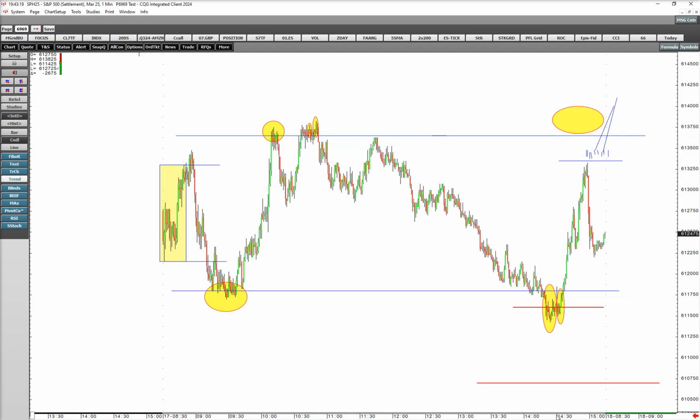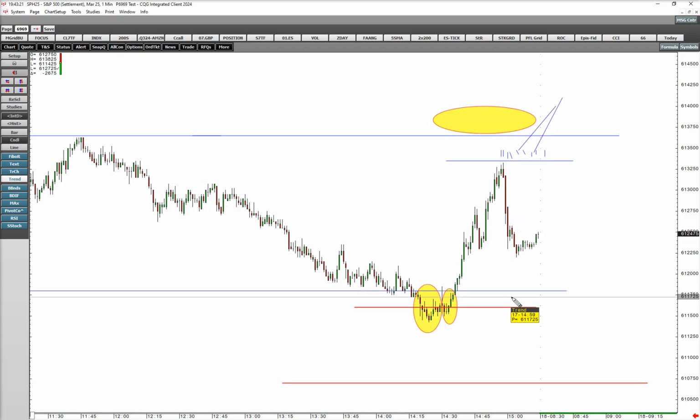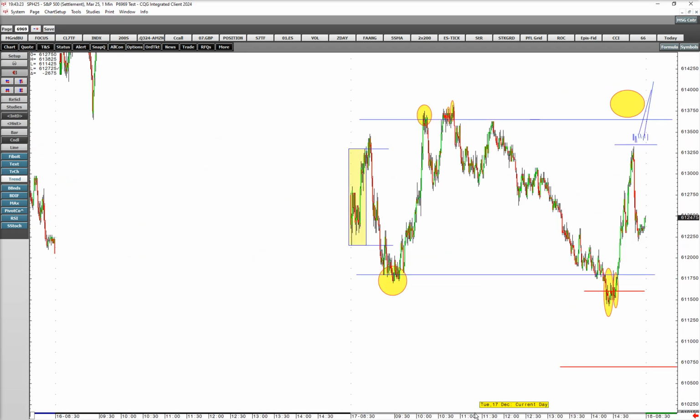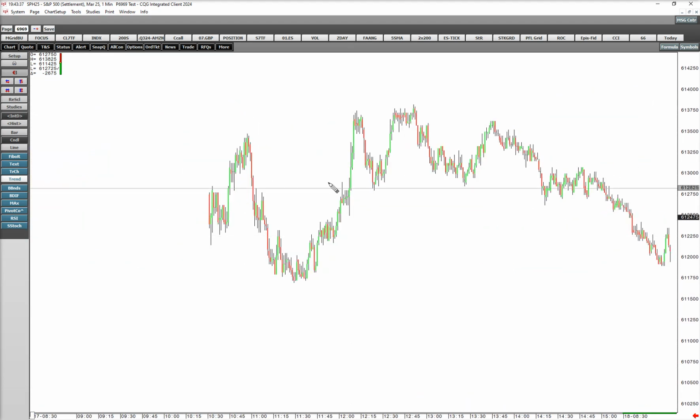And that didn't happen today. I'm just pointing it out because it was close. And again, this is just another arrow in your quiver to help you figure out timing and direction just by watching this framework around the opening range.